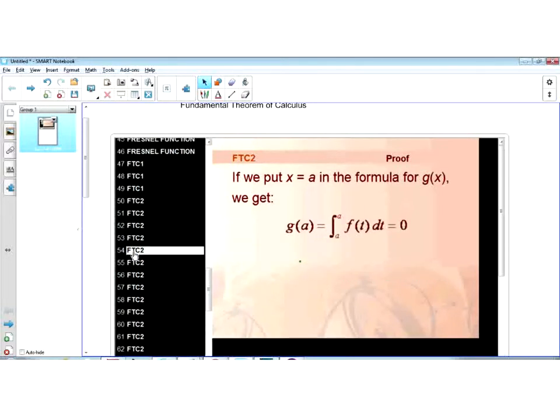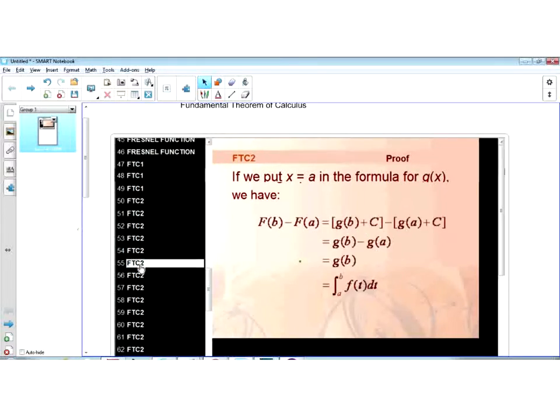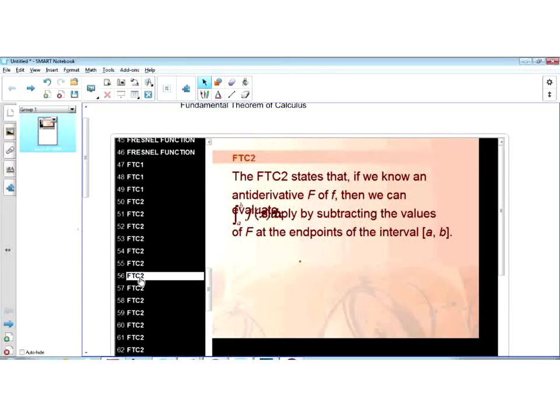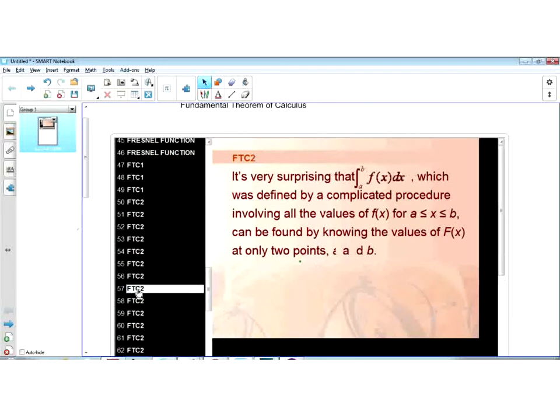So don't worry about that too much. If we let x equal a, the lower bound, then g of a is a rehash, so nothing new there. They're just showing you that the integration constants will cancel out in the evaluation of the antiderivative for the definite integral. So that's just theoretical.